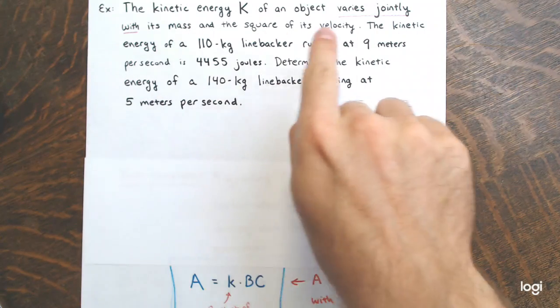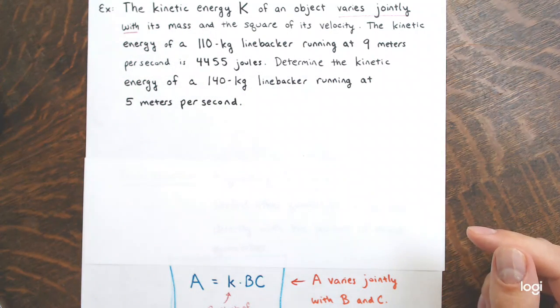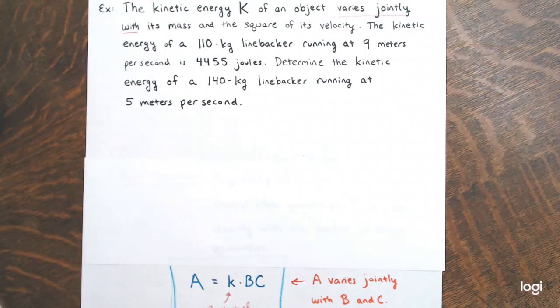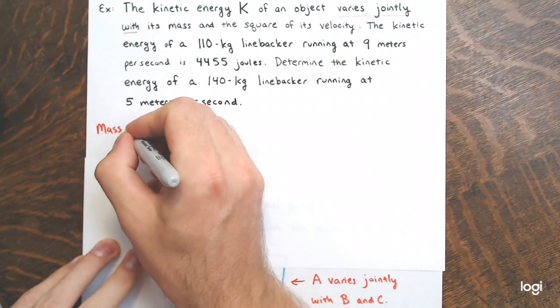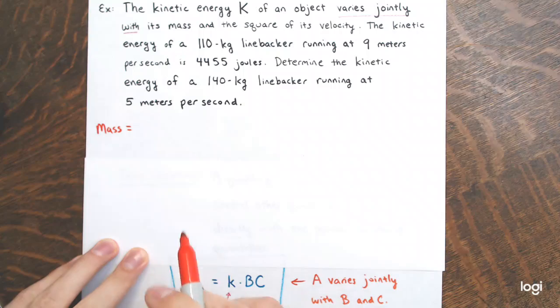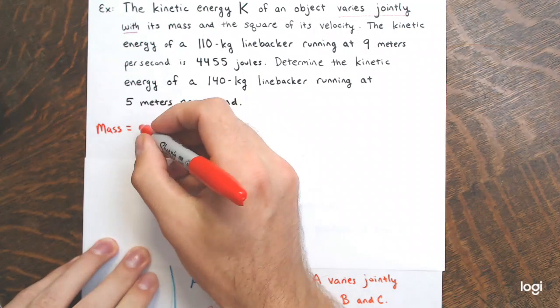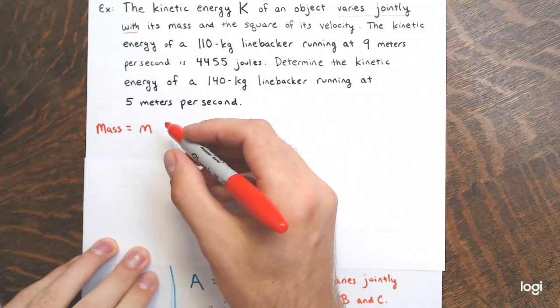So I'm going to call these quantities something. I've got some unknowns here. One thing is the mass of an object, so I'll call that m. Usually mass, if you're reading a physics textbook or math textbook, is represented by a lowercase m.